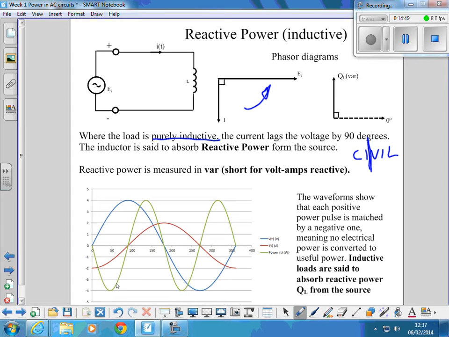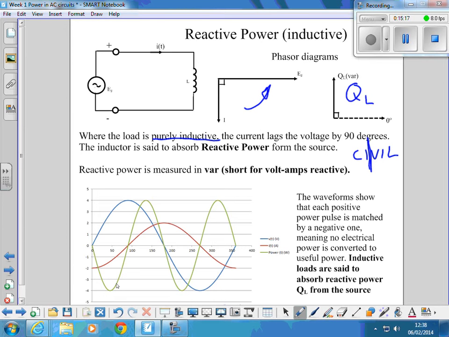We also can draw a phasor diagram representing the active power in that circuit. The reactive power for an inductive circuit uses the symbol Q, and here we're talking about Q for the inductor, so we talk about QL.